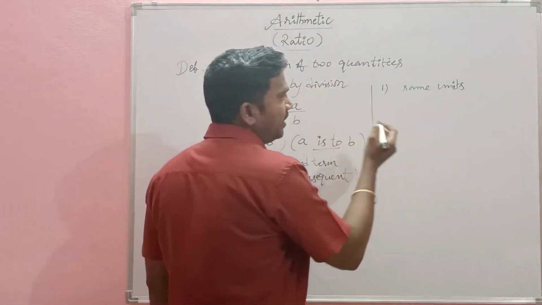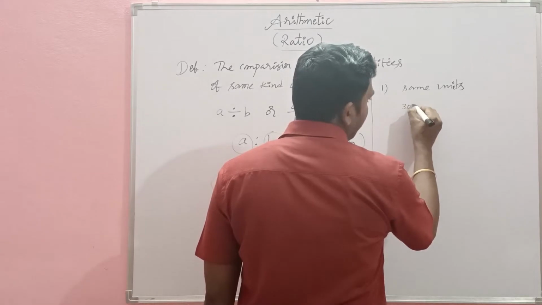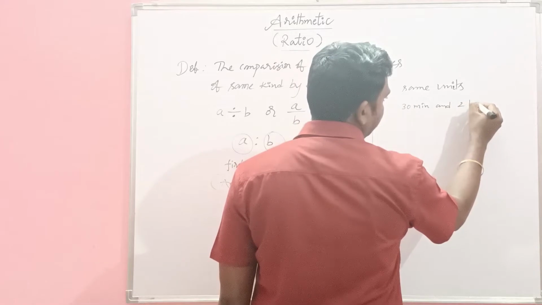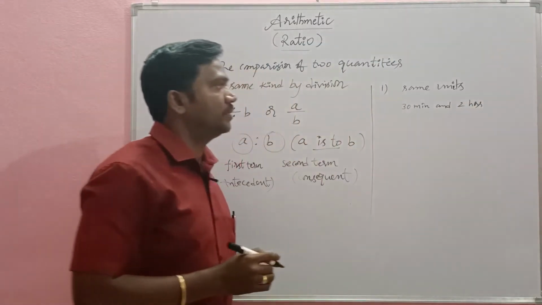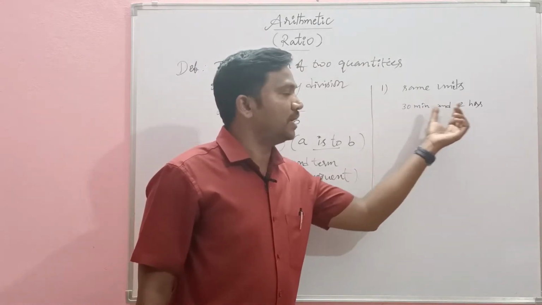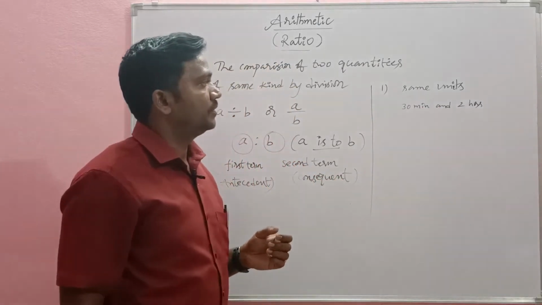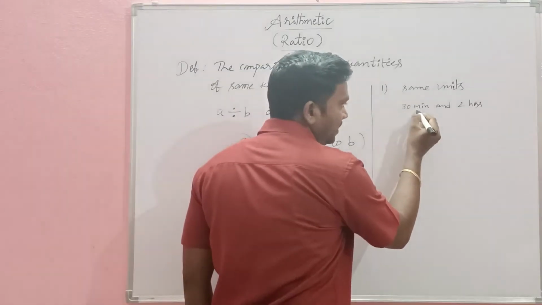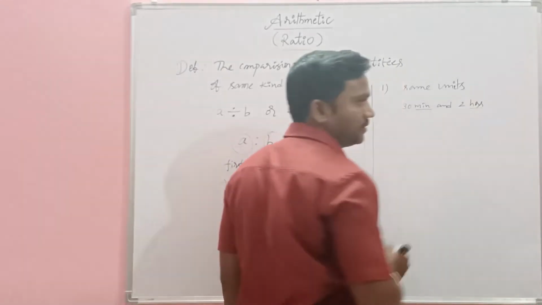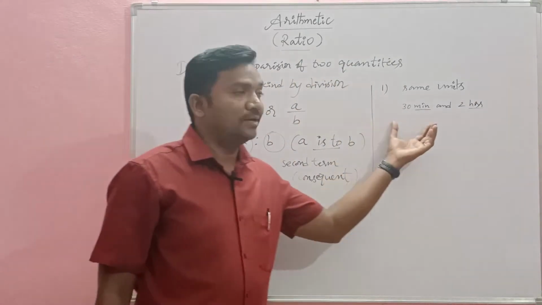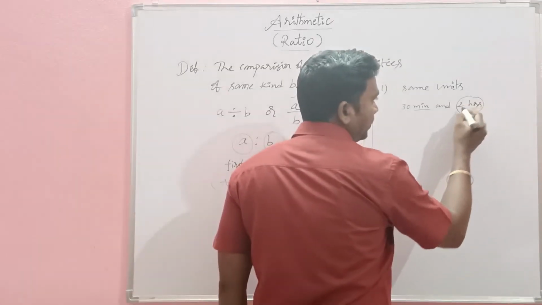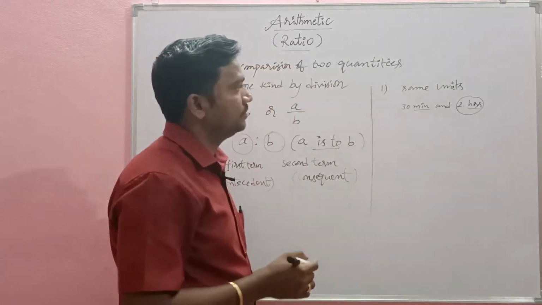Suppose you want to find the ratio of 30 minutes and 2 hours. So here there are two quantities, 30 minutes and 2 hours. The first quantity is in minutes and the second quantity is in hours. Both are not in same units. So convert this second quantity into minutes.